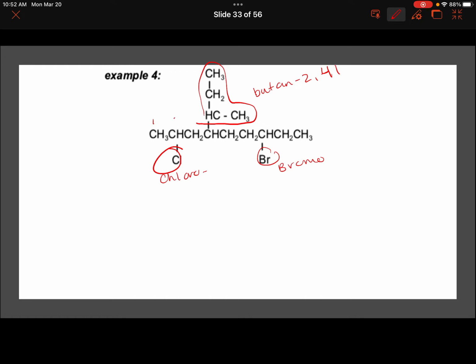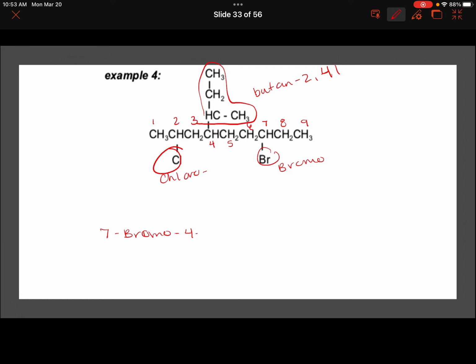So therefore, if we were to number this, we have 1, 2, 3, 4, 5, 6, 7, 8, 9. And so therefore, this would be 7 bromo, because we're going in order, once again, alphabetically, 4 butan, oops, oh no, my pen died. So 4 butan, 2,4,1, 2 chlorononane.